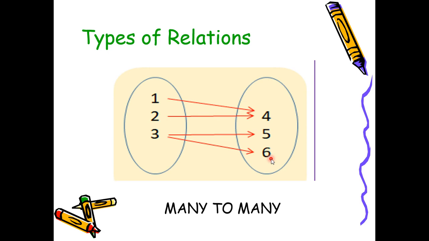Sir, bakit many to many? Okay, kasi po, dalawang domain, which is 1 and 2, isa yung range na 4. Kapag yan lang po yung given, masasabi natin na this is a many to one. Yun nga lang, dito kasi kay 3, ang range niya dalawa, which is 5 and 6.